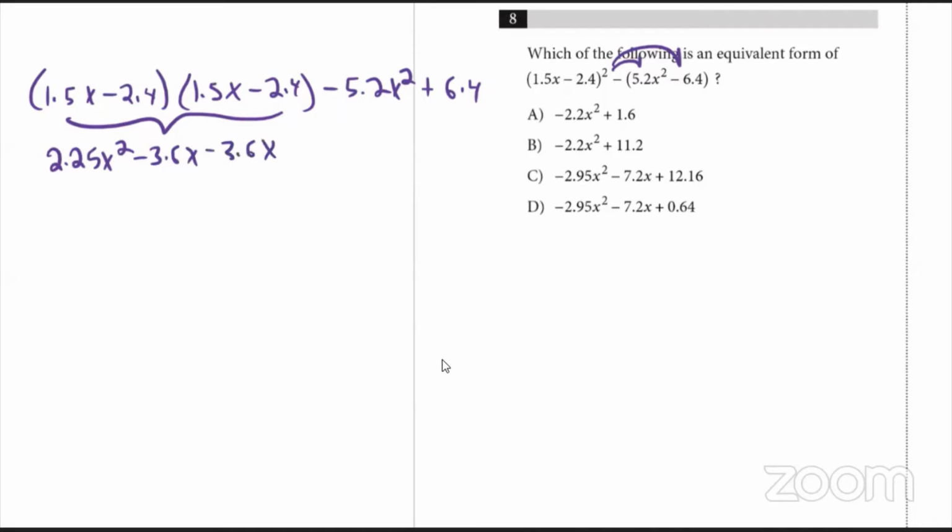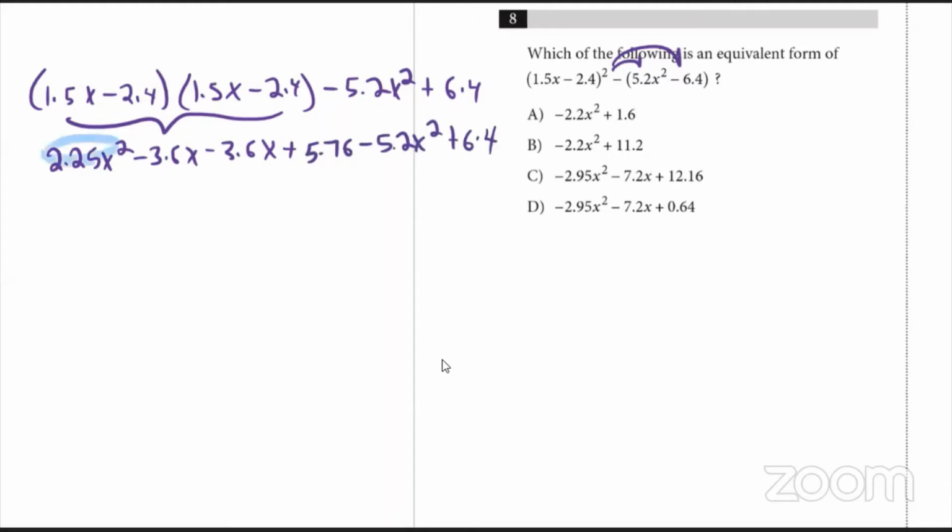And last times last is positive 5.76, I believe. Let's see. 5.76. Bring down everything else we have.